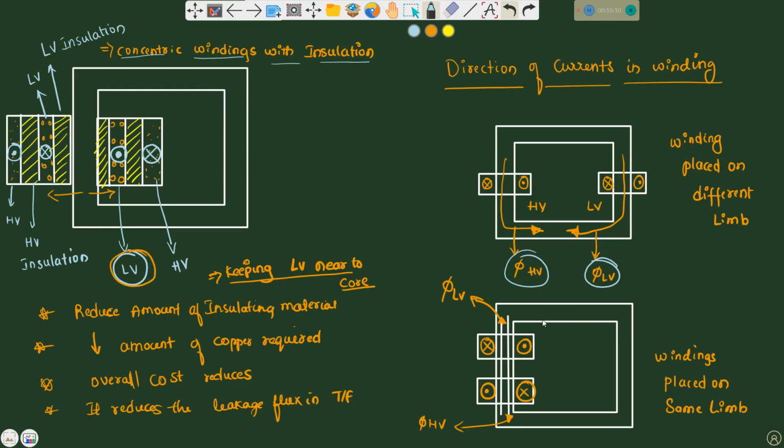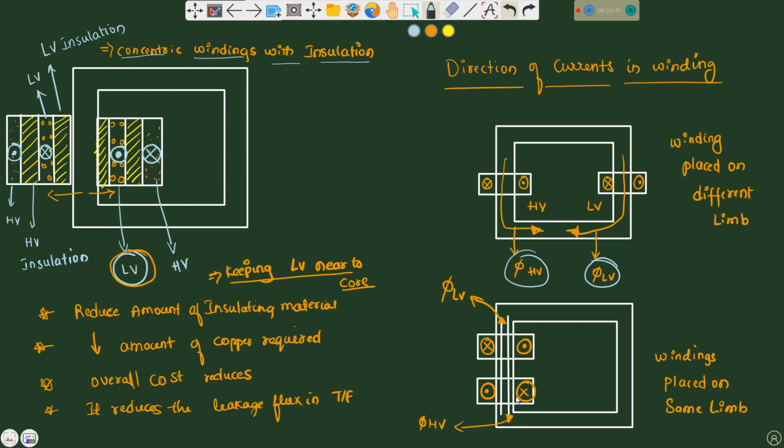Now this is case 2. What happens if the same windings are placed on the same limb with interleaving? They must carry current in opposite directions. Here you can see the LV current is going upwards and the HV current is going downwards.